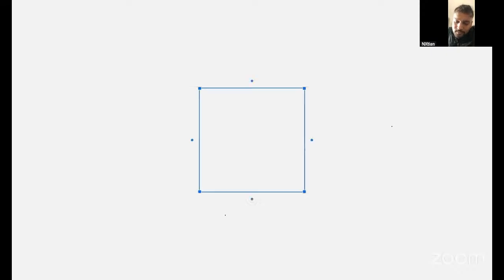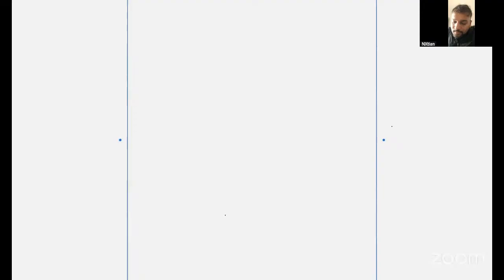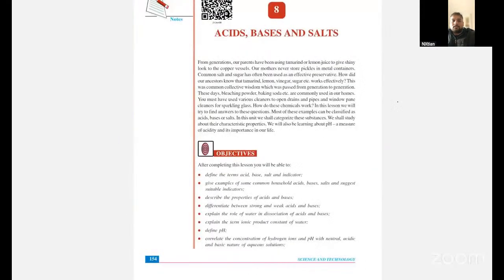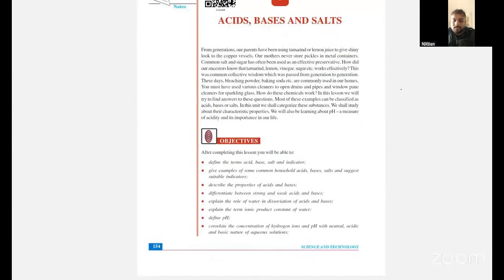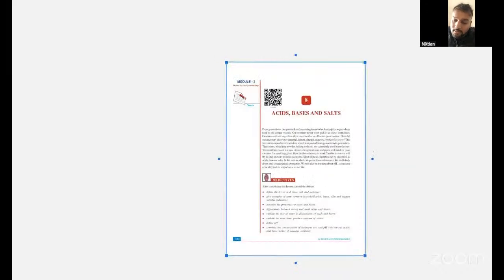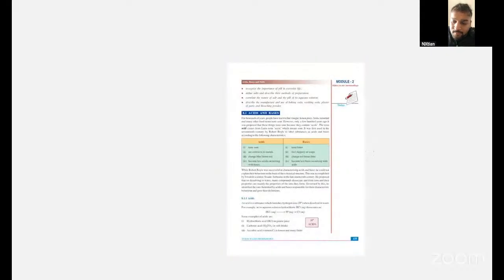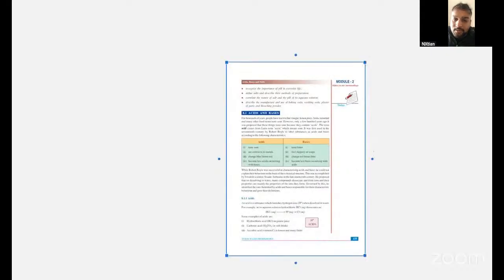Which chapter is that? Acid, base, and salt. Chapter 8. Can you see this also? Is this PDF available? Can I change the page?